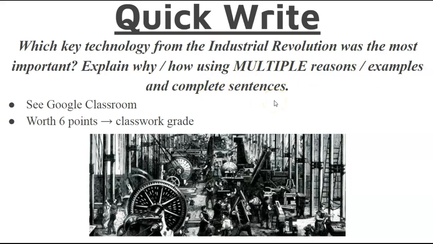Paragraph form is preferred. I'm not going to give you a specific number of sentences to use, but realize if you only have 2 or 3 sentences, that's not paragraph form. It's just a 6-point classwork grade. And I am going to take the writing portion of this a bit more seriously than I have from other assignments. So please use paragraph form, complete sentences, write well, at least 2 reasons why.